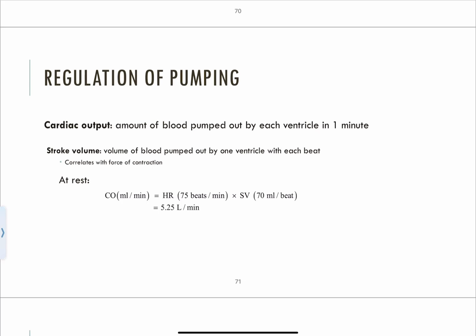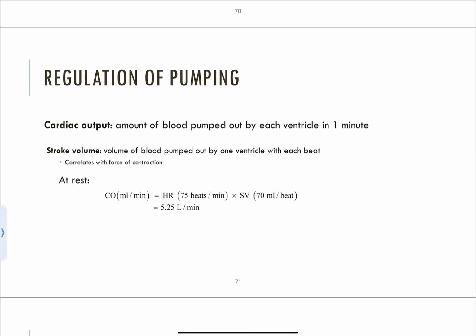So our cardiac output at rest is equal to 75 times 70, which is about 5.25 liters, because that was in milliliters, and then you have to change it to liters. Our normal adult blood volume in our entire body is 5 liters. So we actually circulate our entire blood supply through our heart each minute, if not more.